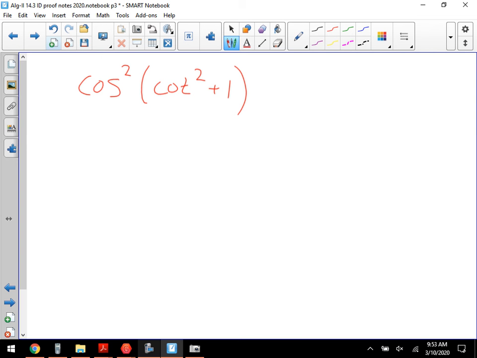We know cotangent squared plus 1 is cosecant squared. I'll get it out eventually. So you have cosine squared, cosecant squared. Cosecant squared is 1 over sine squared.